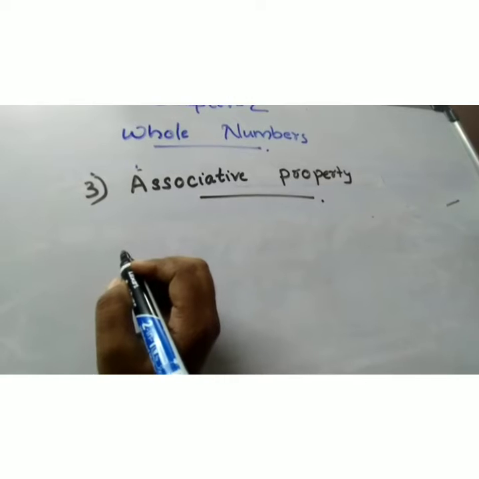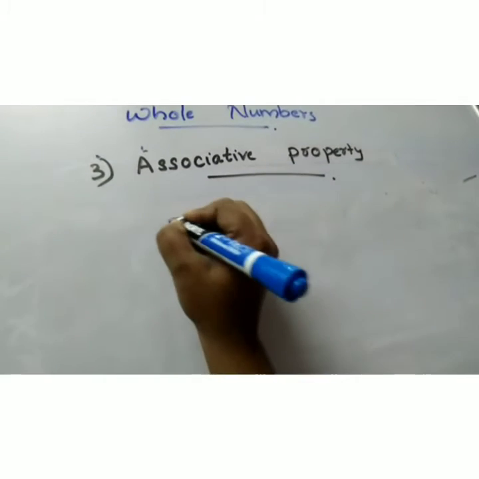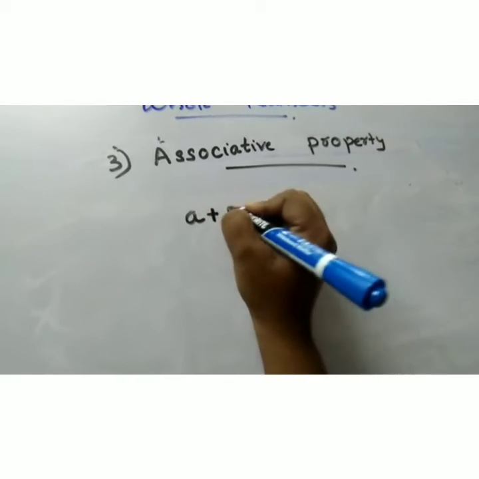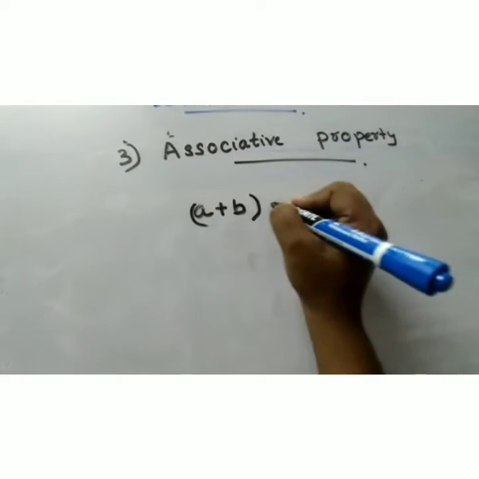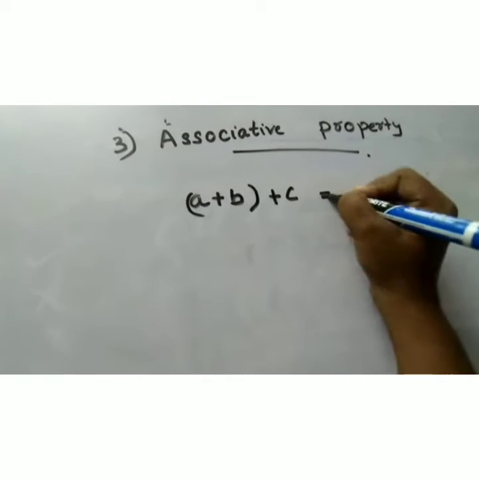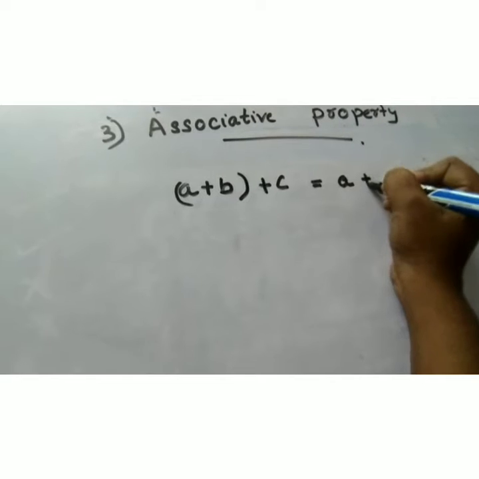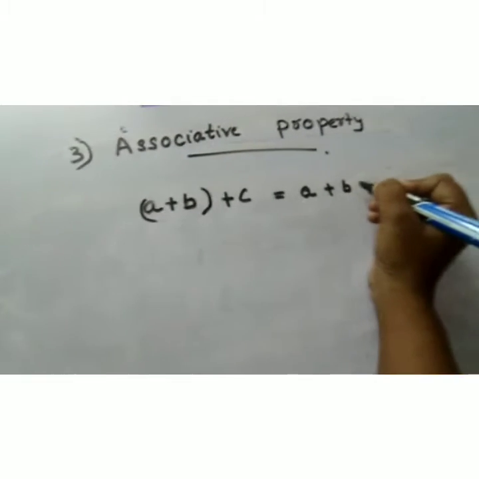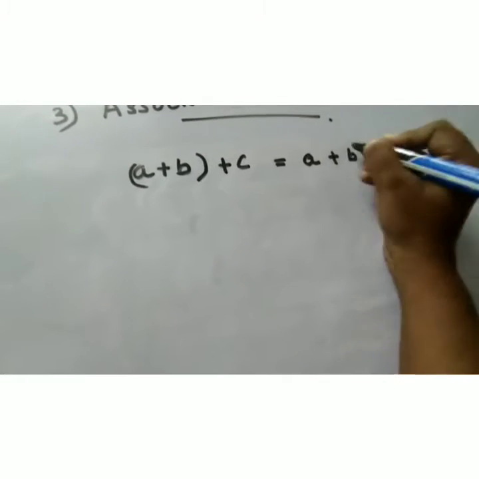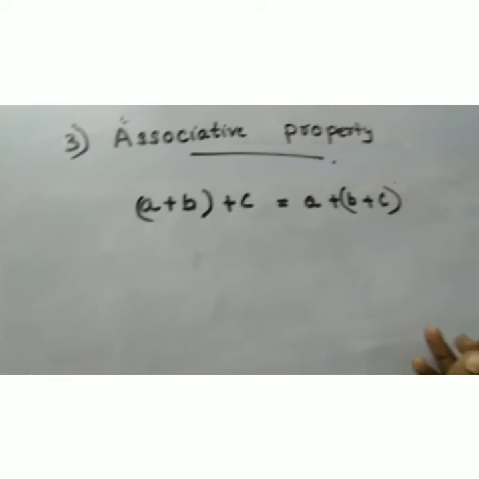Third property, associative property. Associative property means A plus B plus C is equal to A plus B plus C, with the brackets grouped differently. This is the associative property.